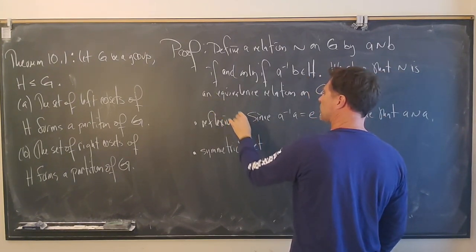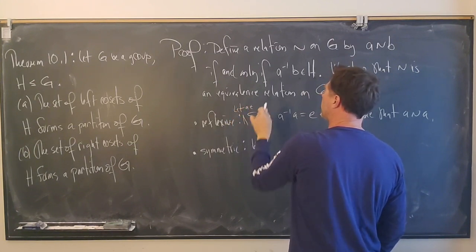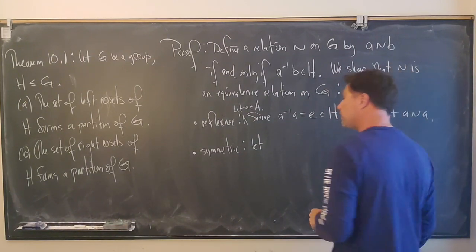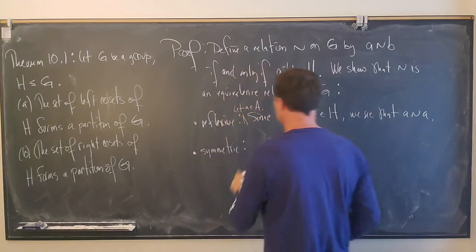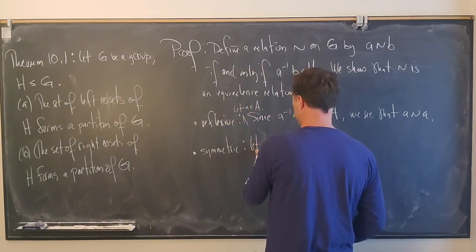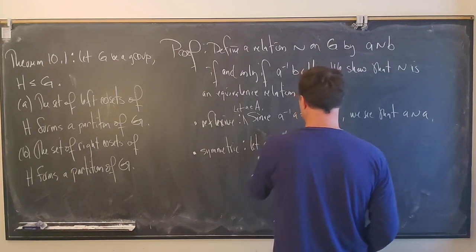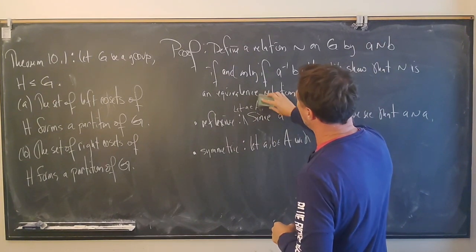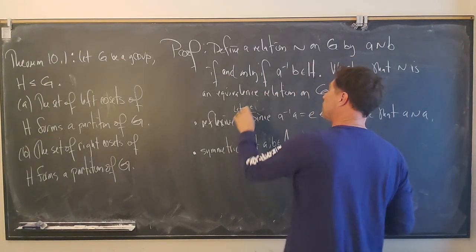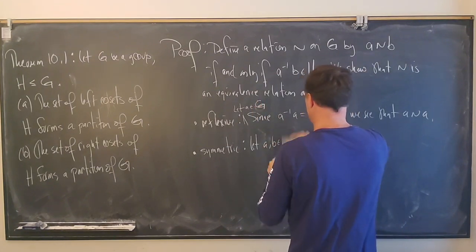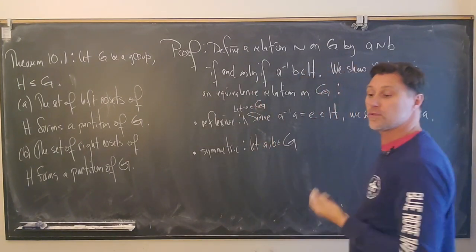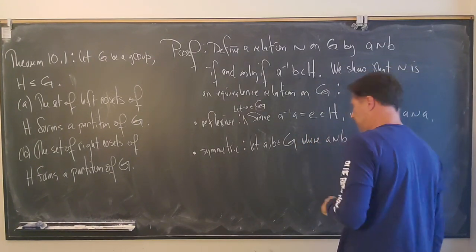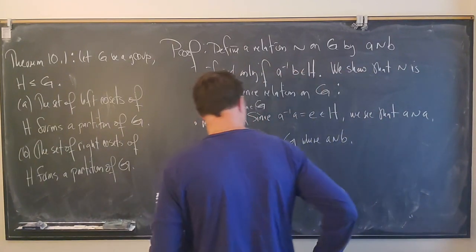On my reflexive, I really wish I would have written let little a be an element of capital G. And then for part B, for the symmetric part, so let A and B be elements of G, where A tilde B. Sorry, I said capital A there, but that should be a G. So what does that mean?